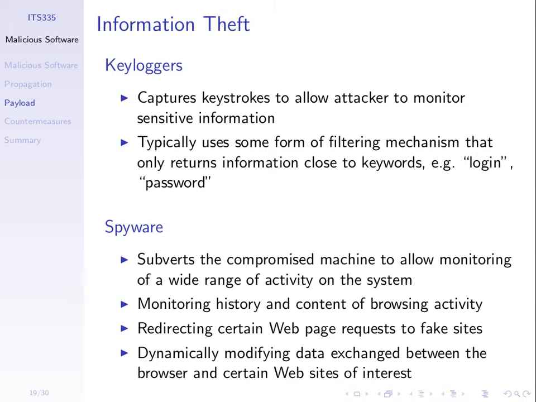And that can be extended to not just key presses, but also mouse clicks. So some websites, as a security mechanism, require you to not type in your password, but to click on an on-screen keyboard, where you click on the letter A, B and C instead of typing in the password, in case there's a keylogger. But even then, if the malicious software could monitor where you're clicking with your mouse, although it's a little bit more complex, they can do the same thing.